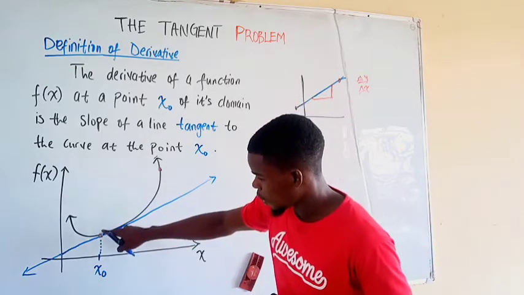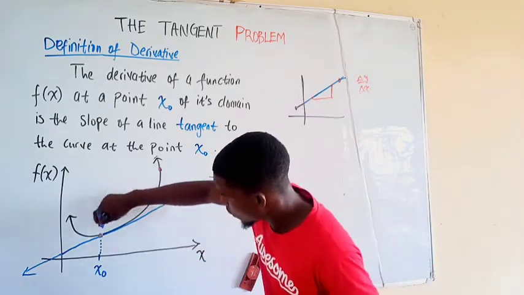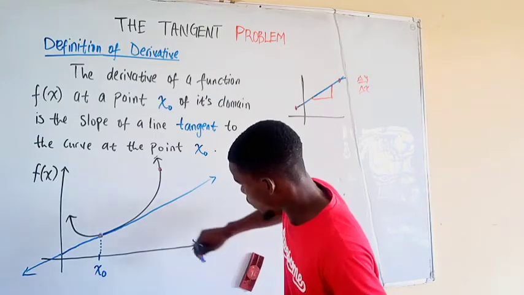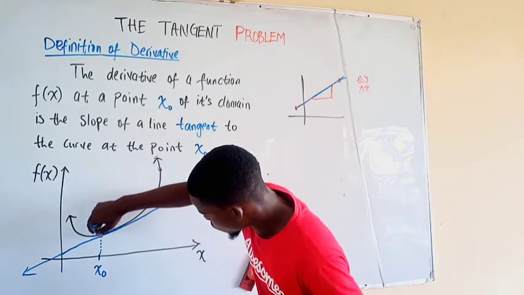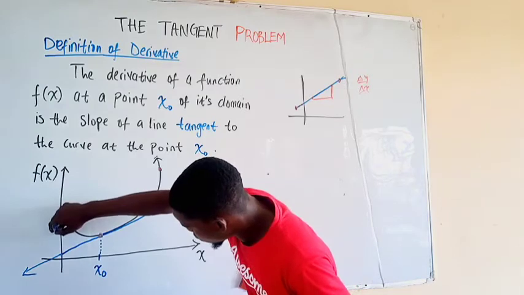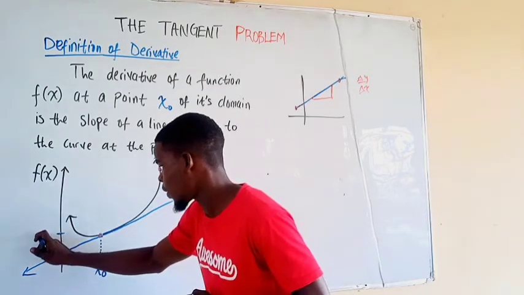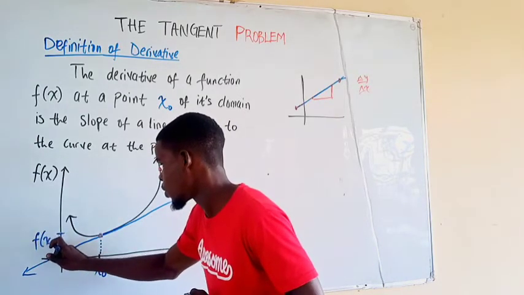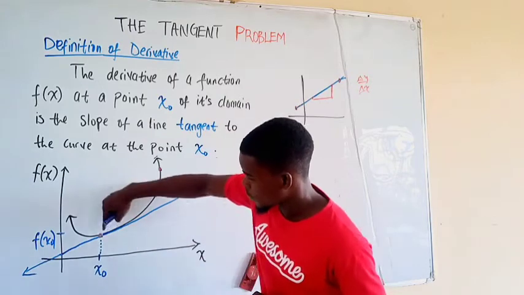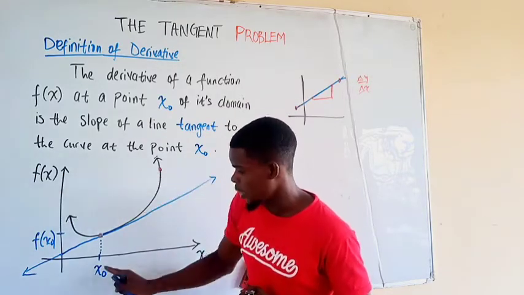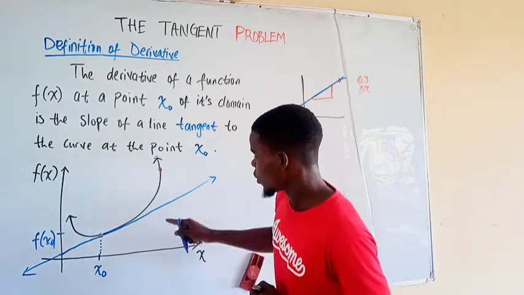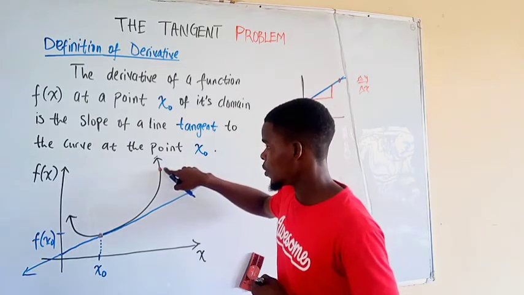And you know the coordinate of this point will be, let me give it a corresponding output, all right? From this to that line, this is going to be f of x naught. That is just the corresponding y value when x naught is the input. Good. We fix another point here, all right?